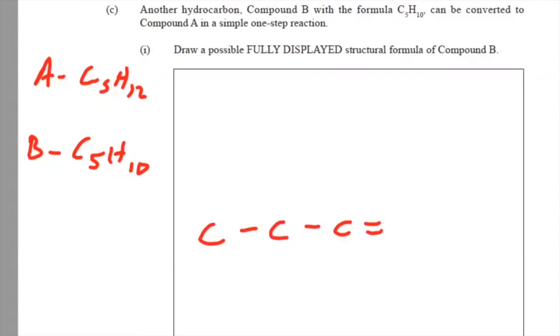You could put it between carbon 1 and carbon 2, or between carbon 2 and carbon 3. So in this case, I'm putting it between carbon 2 and carbon 3. And you're probably saying, but how come? It's because I'm counting from the right-hand side. You can count from any side. So we want to ensure that each carbon is taking part in 4 bonds. And we put on our hydrogens.